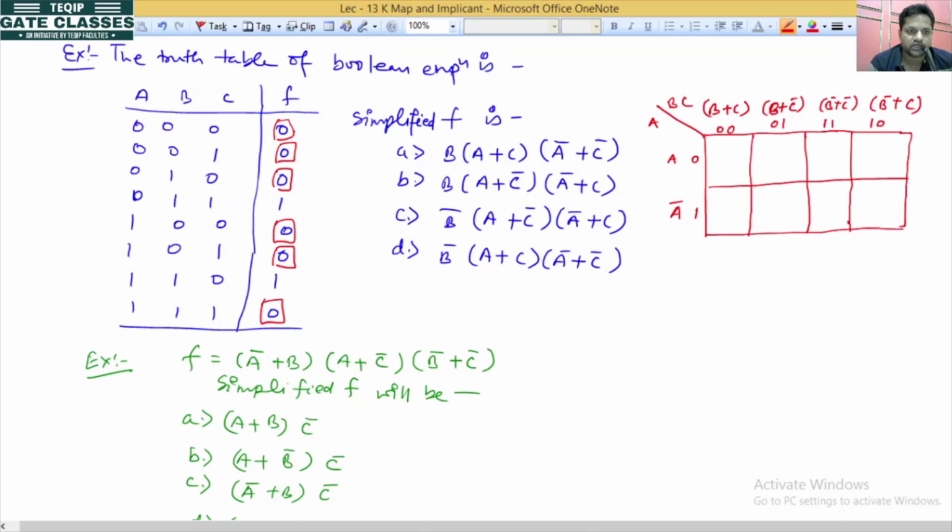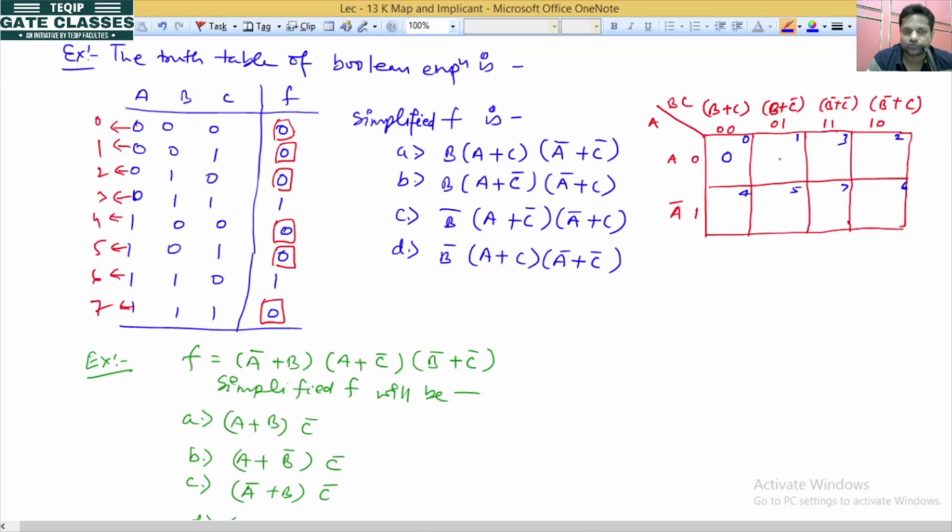Now the decimal values are 0, 1, 2, 3, 4, 5, 6, 7. So which one is 0? 0, 1, 2 are 0.